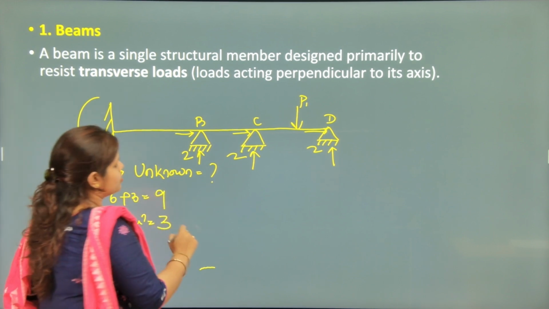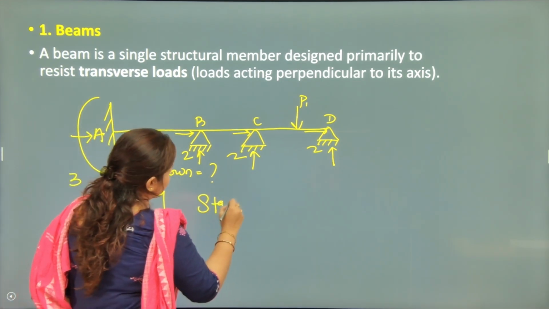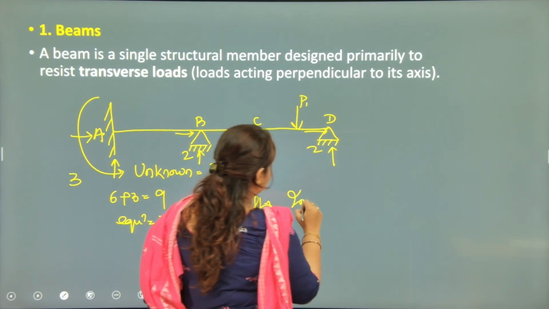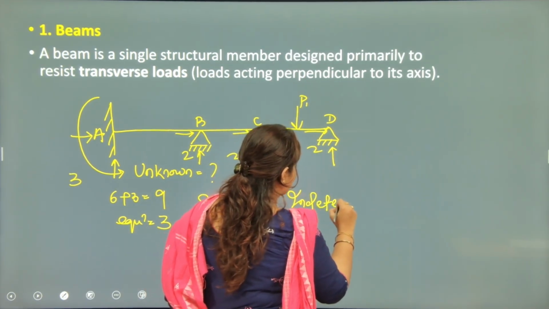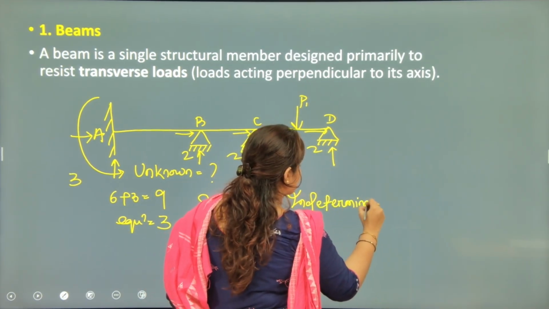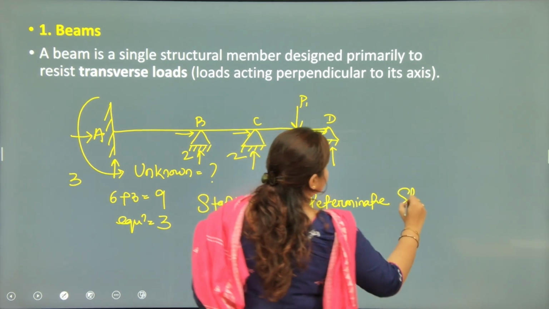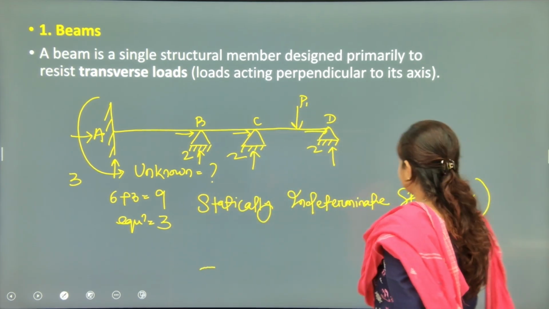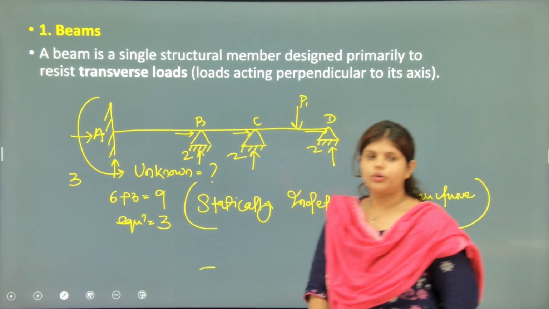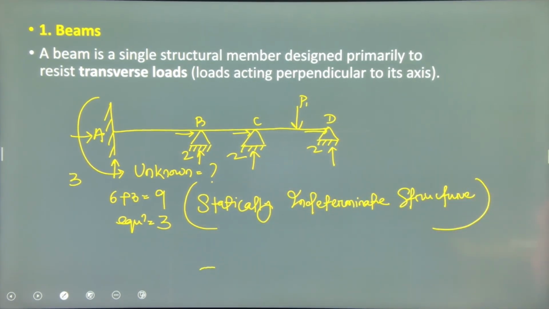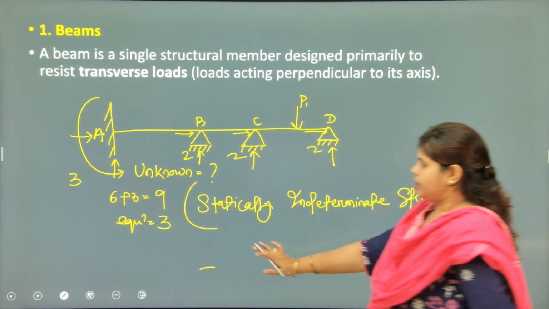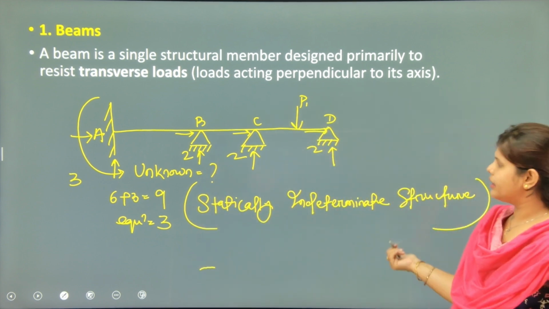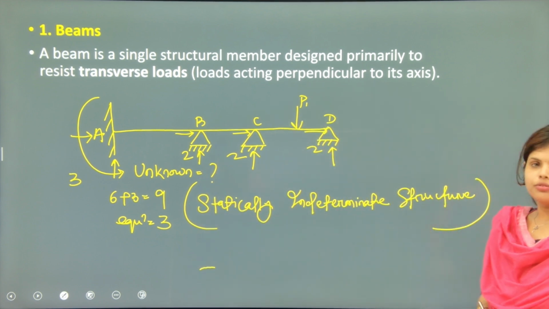So this structure is a statically indeterminate structure. Okay. Here we have shown both types of beam, statically determinate and indeterminate.